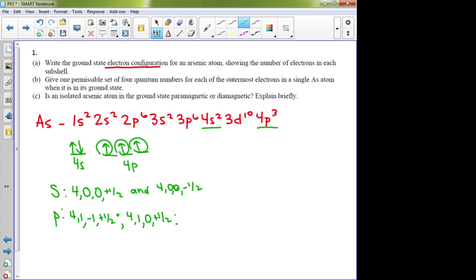And then next we would have 4, 1, 1, positive 1/2. Got that?